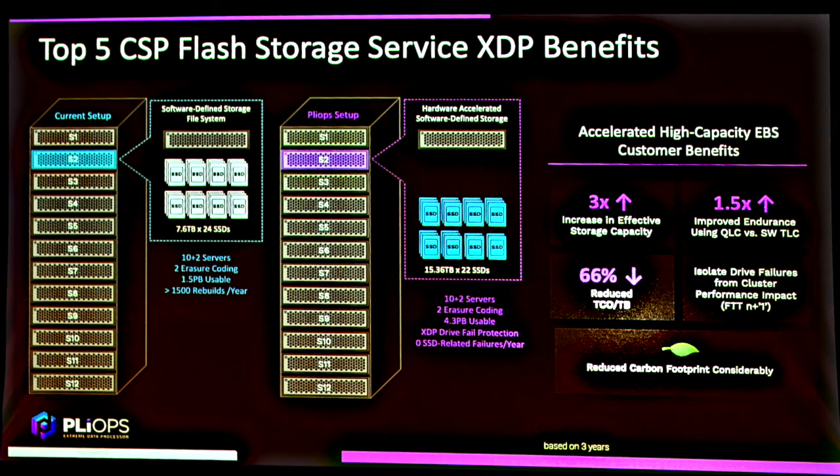What does it mean in terms of dollars? It's a 66% TCO reduction per terabyte. If they were spending, let's say, $1,000, they are now reducing it to $344. So 66% dollar savings. And more importantly, any SSD failure will be contained to that particular server, so there is no east-west traffic.